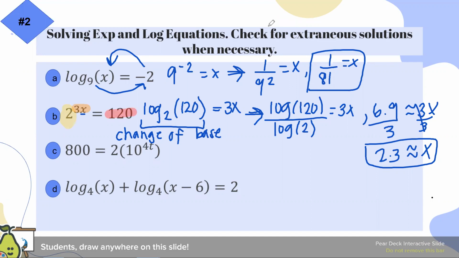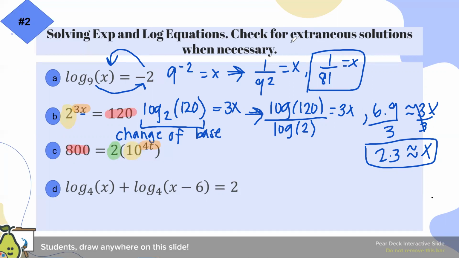The only difference between this problem and the others is that, one, they're on the other side, so that's kind of tricky, but we still have a base, we still have an exponent, and we still have it equal to something. But the tricky part is now we have this 2 in front of it.